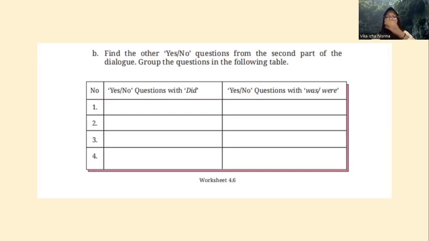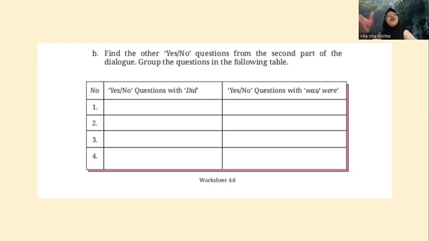Okay, good job, everyone. Give applause. I think my students already know how to use yes or no questions. Good job. Before we end today's lesson, let us do a short reflection.